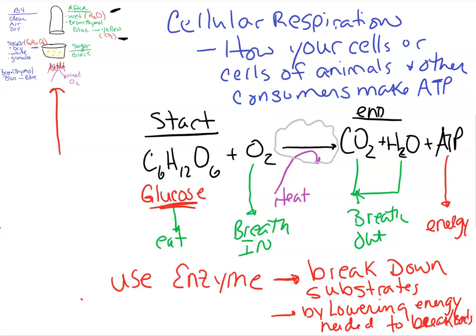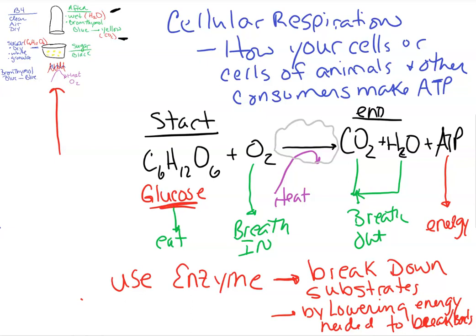So the enzymes are going to go in and take that sugar and pull and twist it so that we only have to provide a little bit of heat in order to cause that molecule to break apart. And when that molecule breaks apart, we are breaking those bonds. And when the bonds come out, that's energy being released that we can then put into ATP.